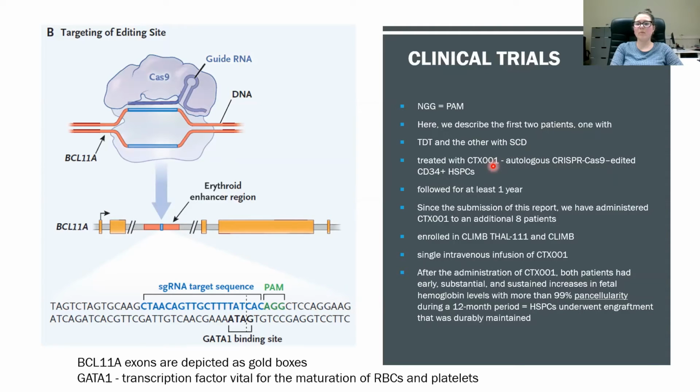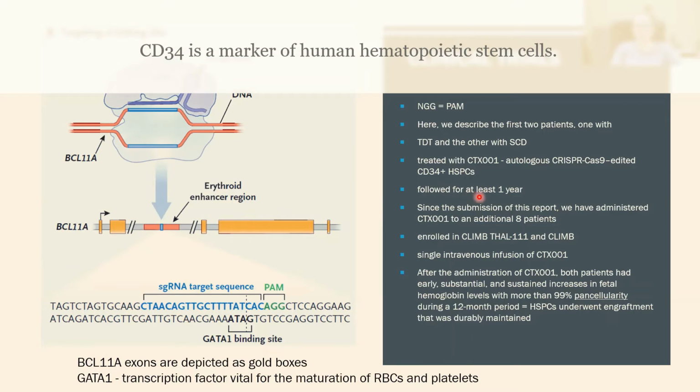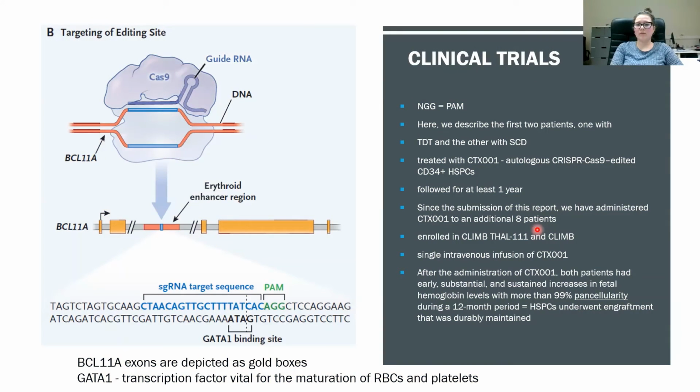And they both had gene editing performed the same way at the BCL11A gene, and these patients were followed for at least 1 year, and later 8 additional patients were also treated, so this kind of genetic editing was performed for 10 other patients then.